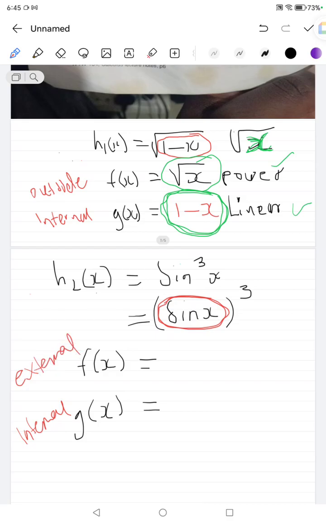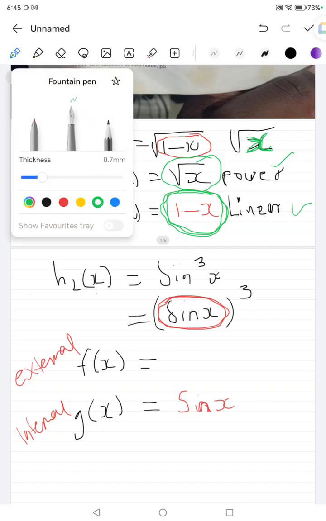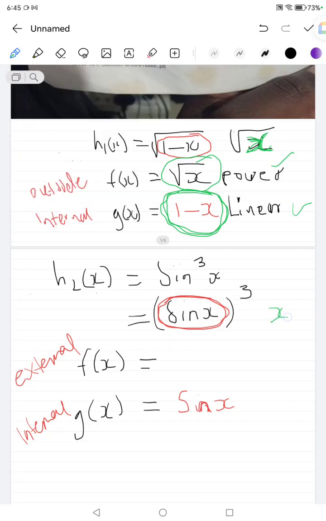The one that you have on your inside, you have your sine of x. And I said once you remove that one, replace it with the x. So now it means you have your x to the exponent 3, which is basically the one that's only left, the external one.